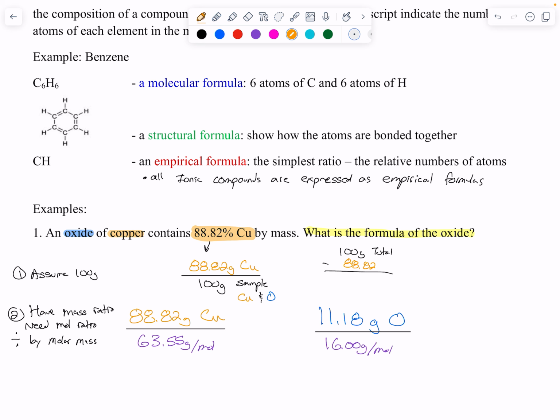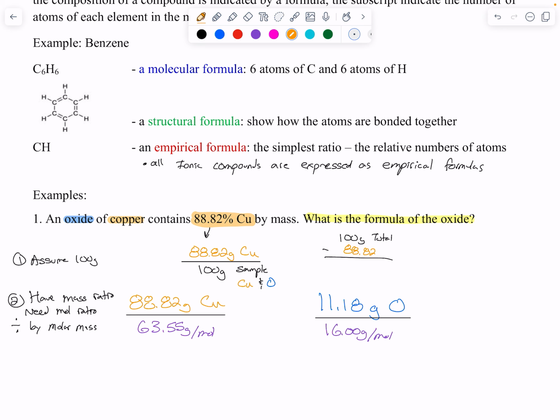If we do this, I get 1.398 moles of copper, and 0.6988 moles of oxygen. And so now I have a mole ratio. That's fantastic. The problem is it's not whole numbers.